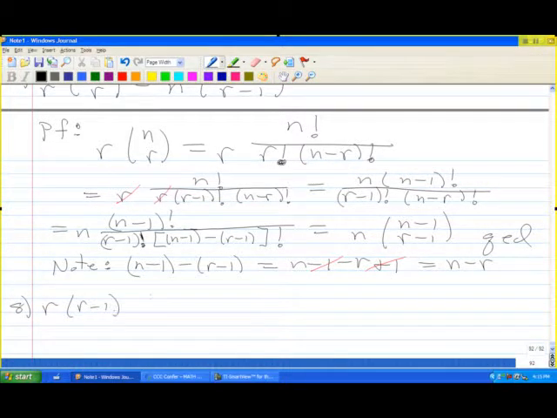R times r minus 1 times nCr is equal to n minus 1, n minus 2, C r minus 2. Okay. So let me do that.